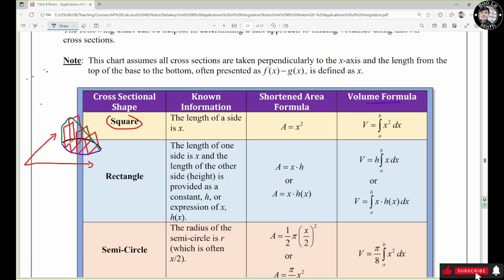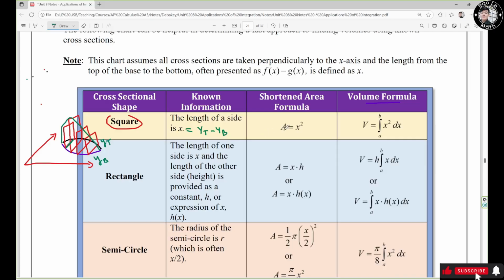You know that the side length of the square is right here. It's going to be the upper function minus the lower function. The upper function right here I call y top, and the lower function I call y bottom. So the side length is y top minus y bottom.